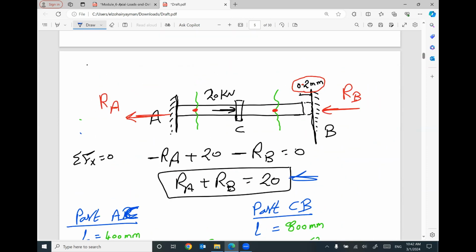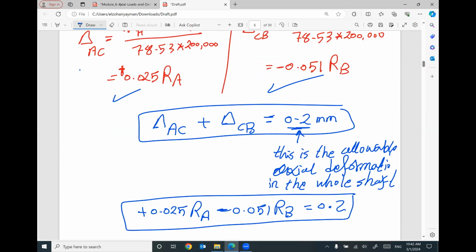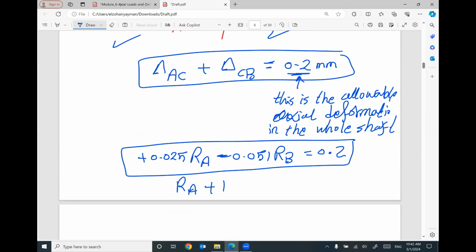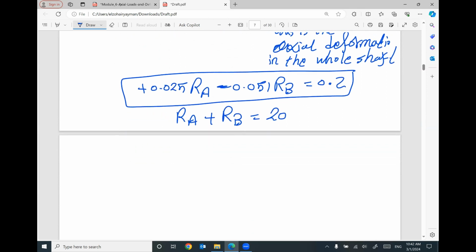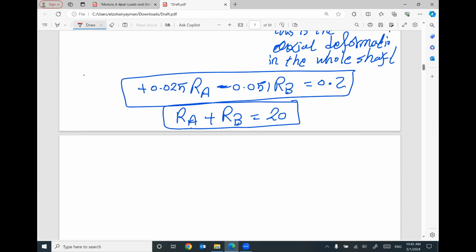This one: RA plus RB equals 20. So go ahead and solve the two equations together to find the reactions RA and RB. From this one, I can say RA will equal 20 minus RB. Then I will go back to this equation.